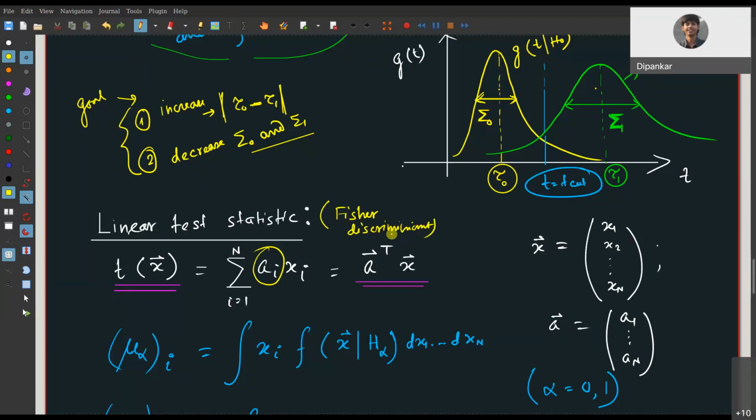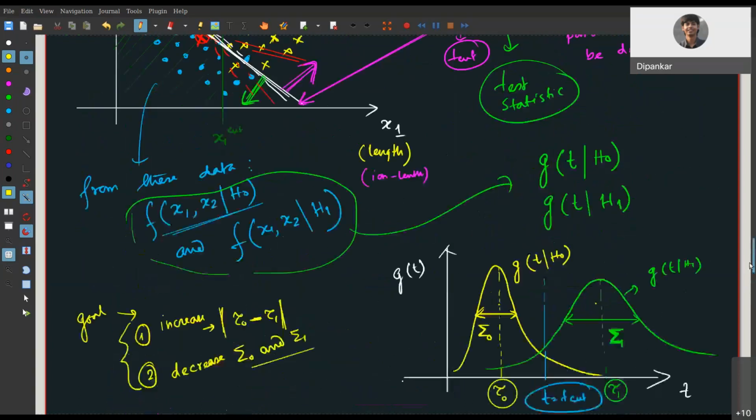Now again, my crucial assumption at the starting point of this discussion was that my test statistic depends linearly on data. They do not have a more complicated dependence on this xi.